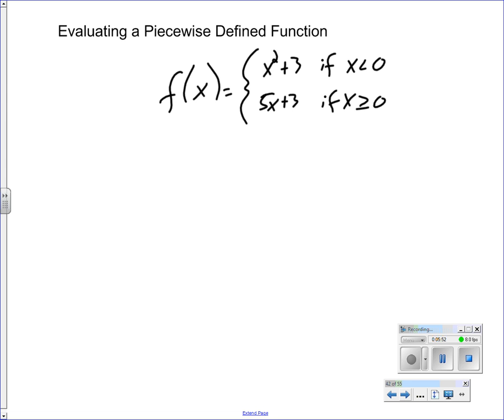We're going to evaluate the function at two different points. We're going to evaluate it at -5, and we're going to evaluate the function at +6.